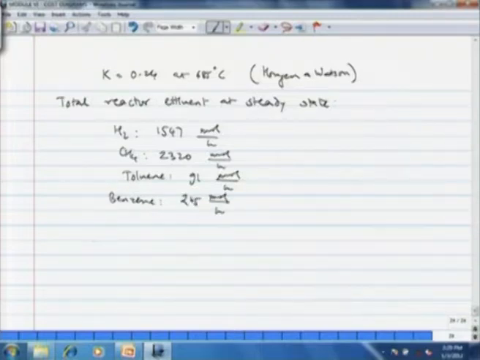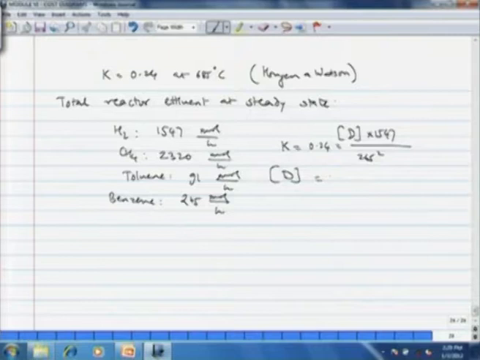And now we substitute these values in the equilibrium constant relation. K is equal to 0.24, which is diphenyl quantity times 1547 divided by 265 squared. So, the equilibrium quantity of diphenyl at steady state comes out to be 12 moles per hour. We will have to oversize all our equipment to accommodate this much diphenyl.